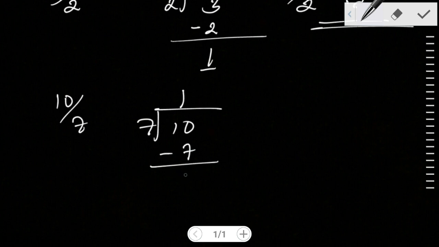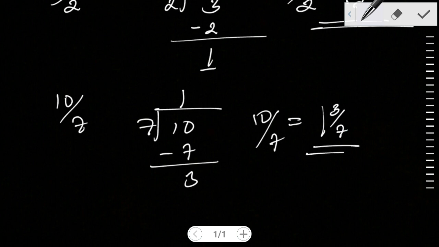Subtract here, I'll get 3. Therefore, this 10 all over 7 would be equal to 1 whole number, 3 divided by 7. So this is how you can convert an improper fraction into a mixed fraction.